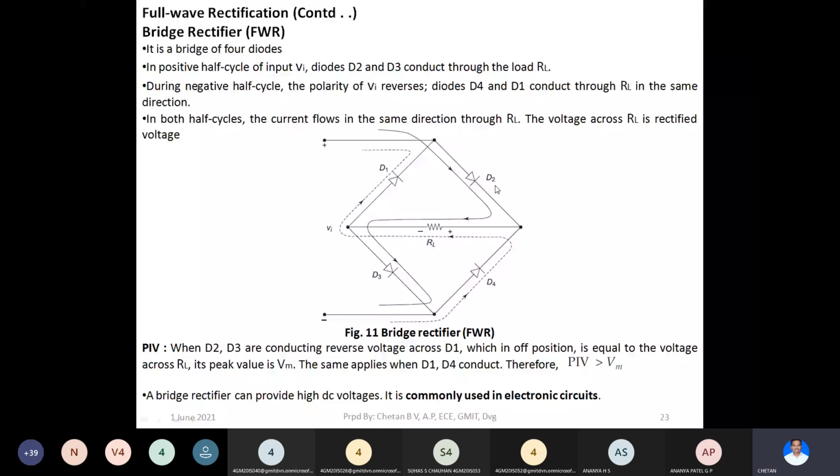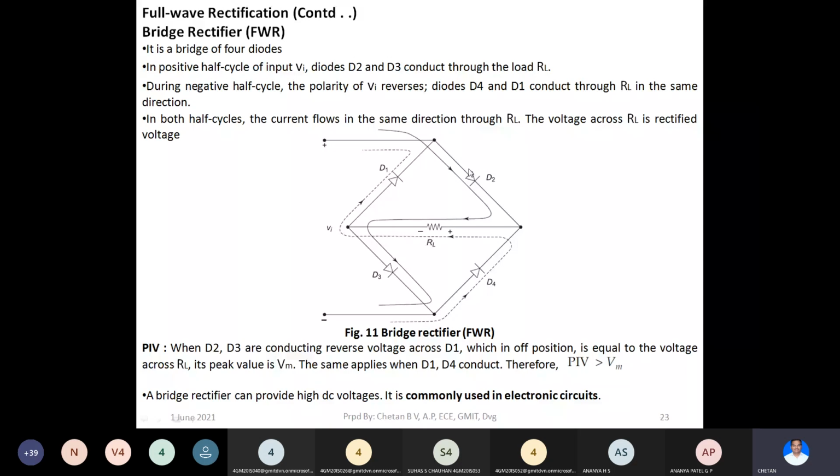This terminal is positive. It means that the positive terminal is connected to the anode of diode D2, and the negative terminal is connected to the resistor RL, and the second end of this resistor RL is connected to the positive terminal of D3.